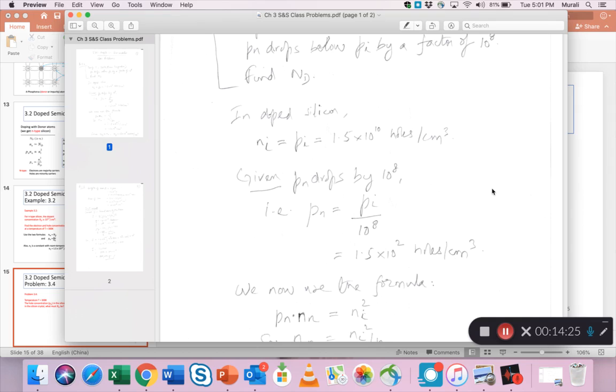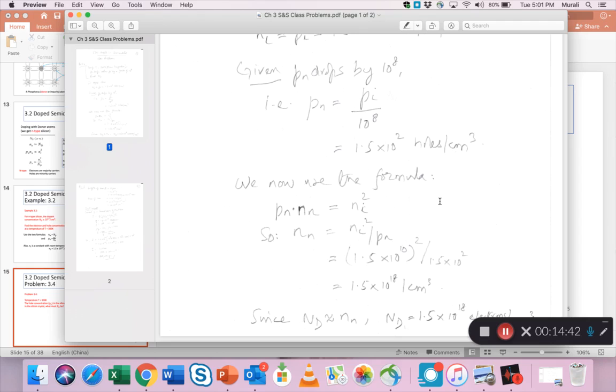So now we have dropped to 1.5 times 10 to the power 2. Previously it was 1.5 times 10 to the power 10. So a significant drop. Why did the drop happen in hole density? Because electron density went up after doping. That's the simple reason, because they work in opposite ways.